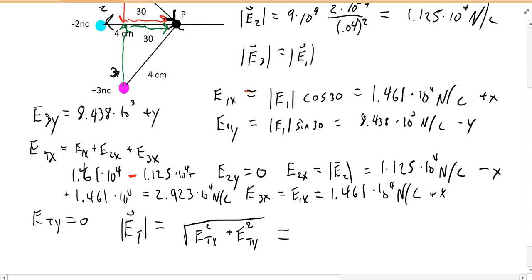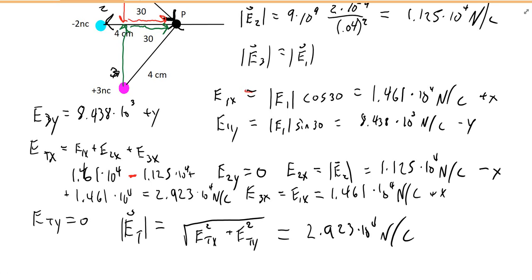In our case, that's equal just to ETX, which is 2.923 times 10 to the 4 newtons per coulomb. If you had a total y component that was not 0, you would use this equation to find the magnitude, and you could use trigonometry to find the direction of the total electric field depending on what ETX and ETY were. Okay, now that's part A of the problem.